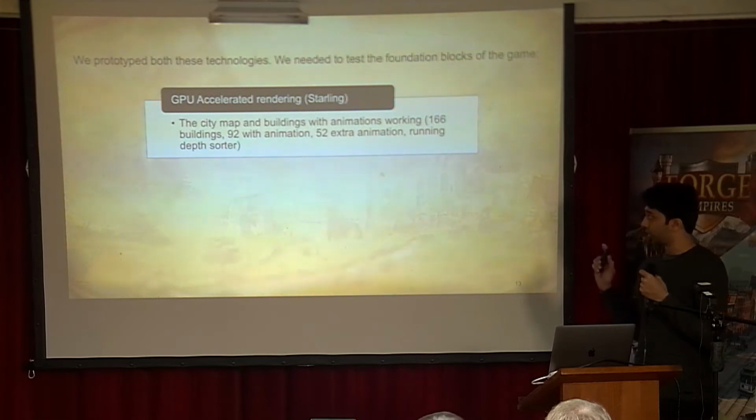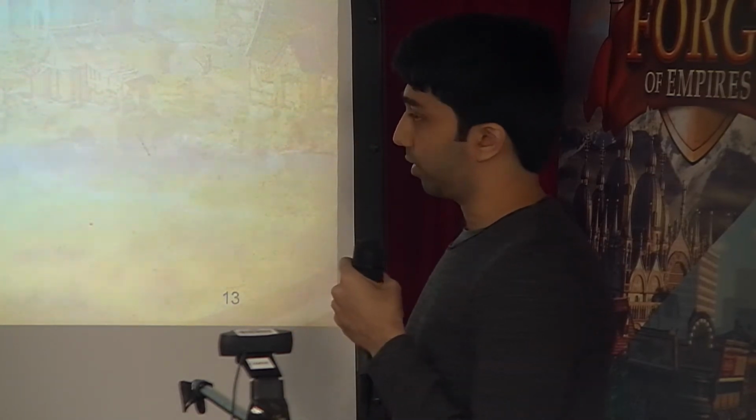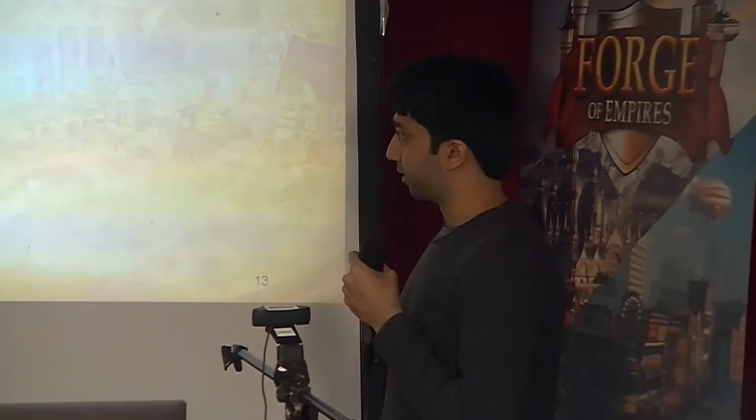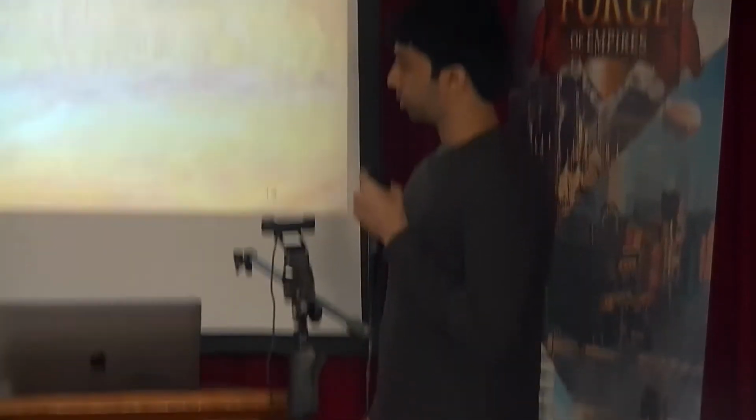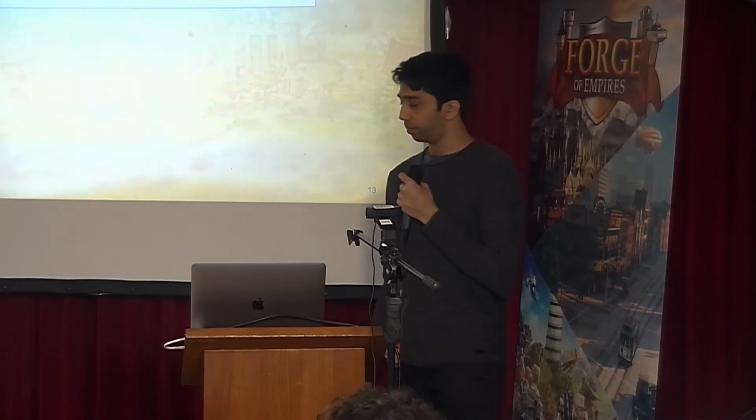One was the Starling layer, the GPU accelerated rendering that we use in the city and in a couple of modules, like the two multiplayer modules we talked about earlier. We wanted to test this with a larger than normal city, 166 buildings, more than any player can have, with animations and the depth sorter running, so we can really see if performance is going to be a problem.